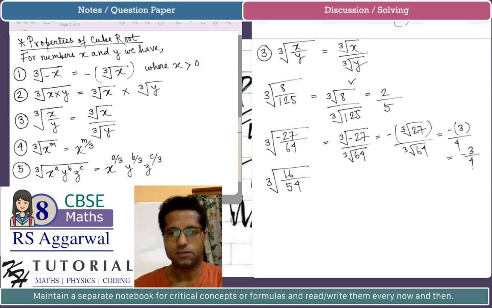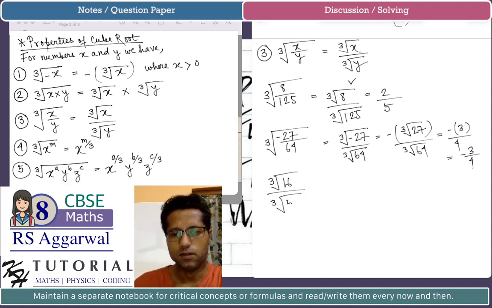Let's say not this, but let's say you are asked to find the value of cube root of 16 divided by cube root of 54.